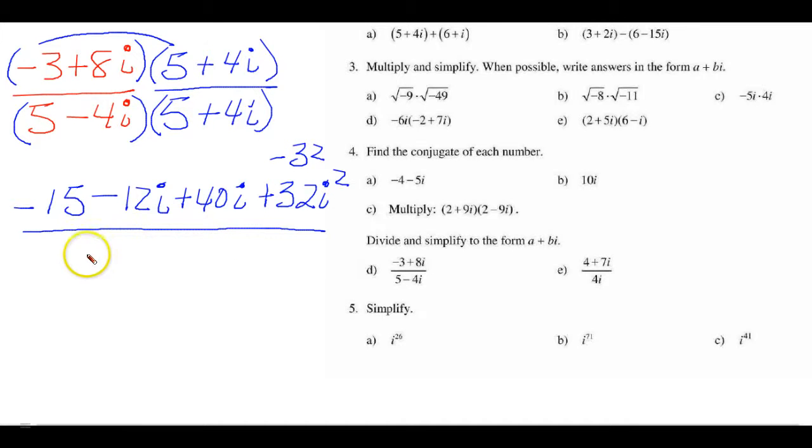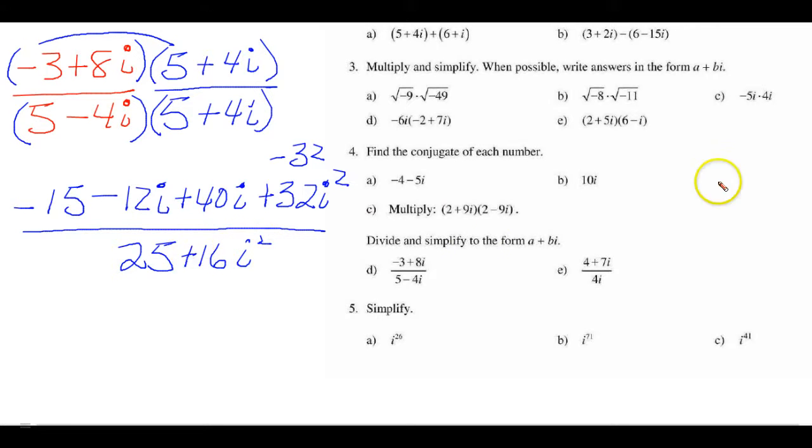Now we're going to combine like terms. Well, let's do our bottom here too. So 5 times 5 is 25. A negative times a positive is a negative 16i squared. But we know that this is going to end up being a positive because i squared is a negative 1.